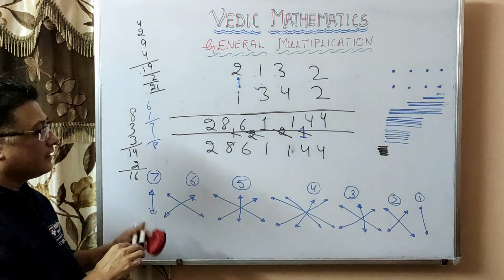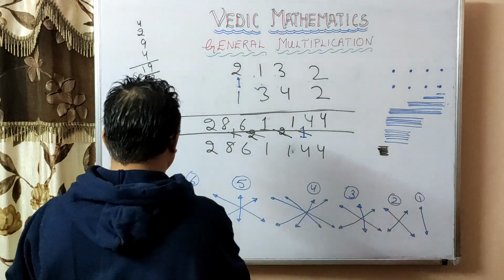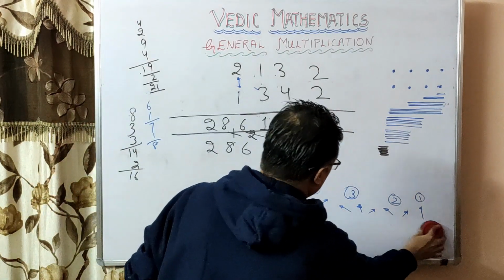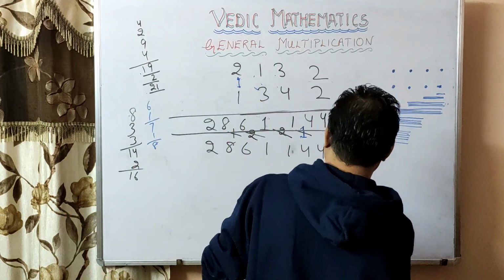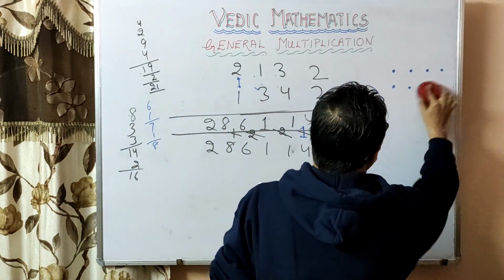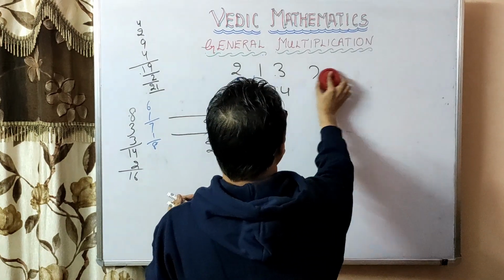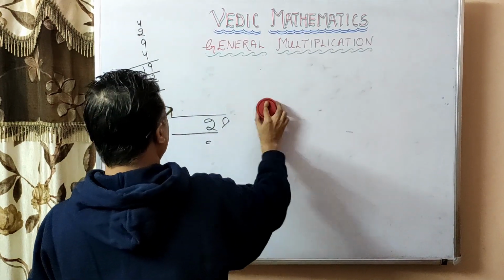So now we move forward to 5-digit numbers. So in 5-digit numbers also, we'll do similar multiplication. We'll use the paths like we have used over here, and we will just expand the path as we go forward.